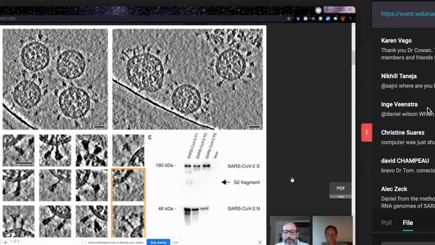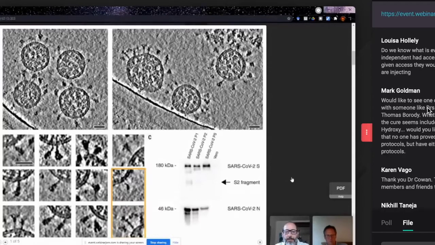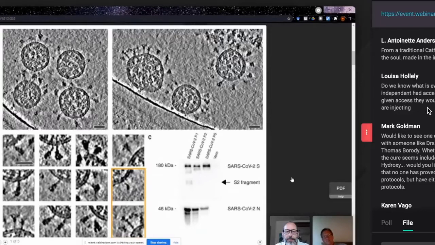So how does that work with your model if we have basically three independent lines of evidence that the genomic sequencing is predicting the spike protein produces a specific type of amino acid sequence that we can visualize with this cryo-EM and also detect on a Western blot, which detects the protein sequence?